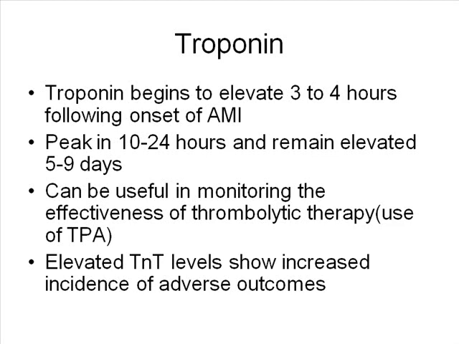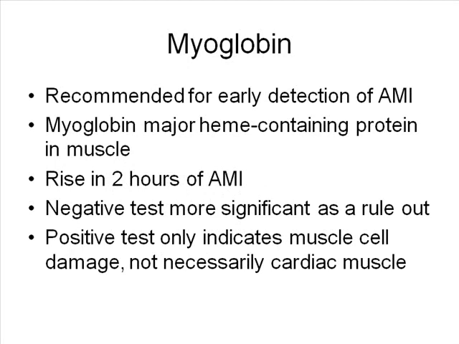He may have waited several days, and it will still be elevated, so you can see if indeed he did have an MI. Myoglobin, we talked about, rises within 2 hours. A negative test is more significant as a rule out. Many labs have dropped this now because it's not as significant.